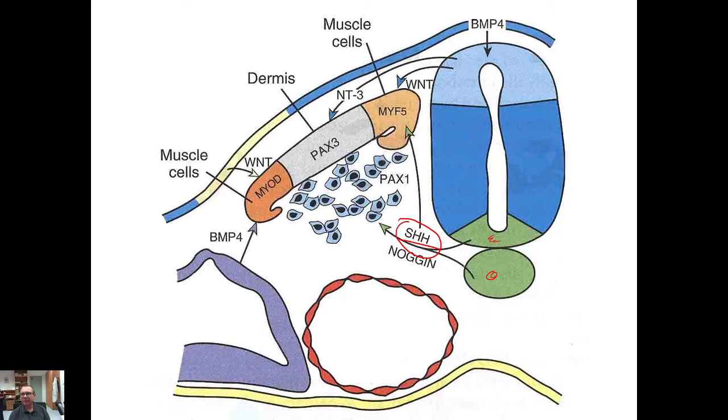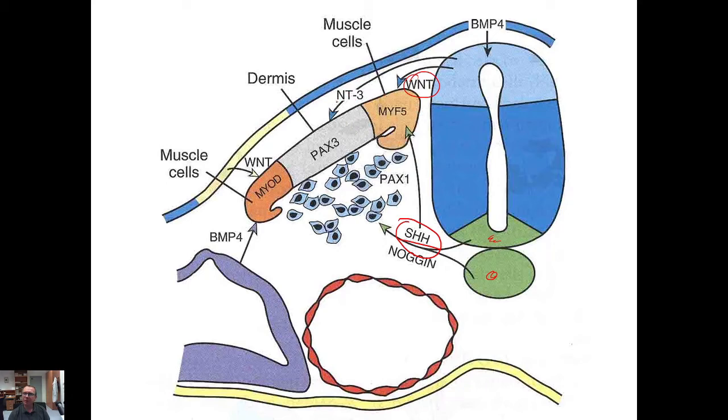The main factor important for the transformation of myotome into myoblasts is WNT, again a well-known signal molecule.